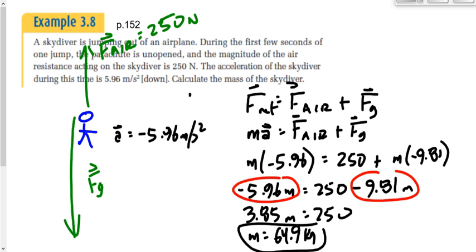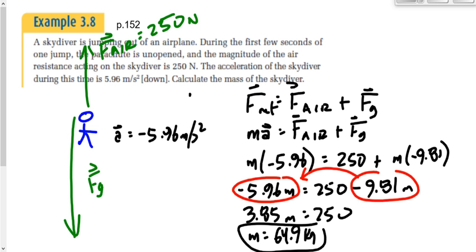Doesn't really matter, although I would suggest taking the 9.81 m to the left side, because that's going to leave us with a number on the right-hand side. So how do I take it over to the left-hand side? Well, it's subtract 9.81 m, so I'm going to take it over by adding. Negative 5.96 plus 9.81 gives me 3.85. Does that make sense? Good there?